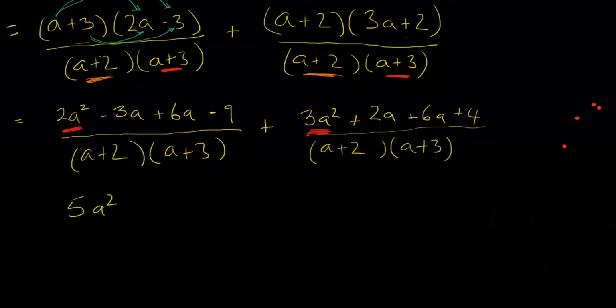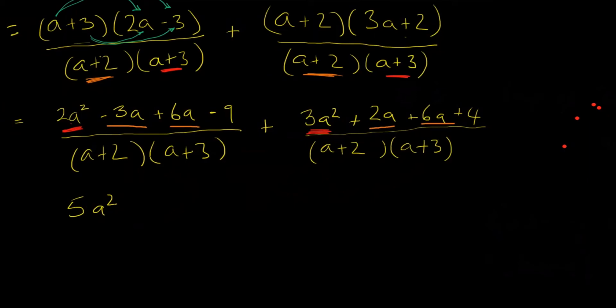Let's add up all the a terms. I've got minus 3a, plus 6a, plus 2a, plus 6a. So this is going to be 8a. And minus 11a. You are a genius. I'm just going to put it here. Okay. So the orange ones are, and then the last terms, please.